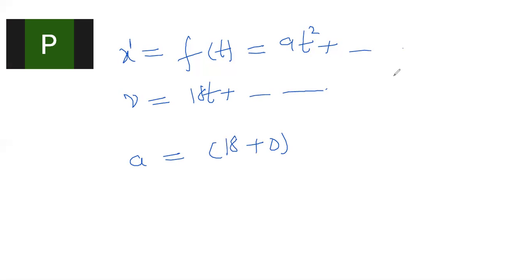I am repeating so that you get to print it in your brain that if there is a quadratic in time, definitely velocity will become linear and acceleration will become a constant. But all this applies only when this side, LHS, x should have power 1. X should not have any other power.